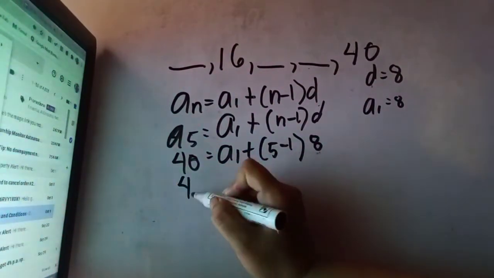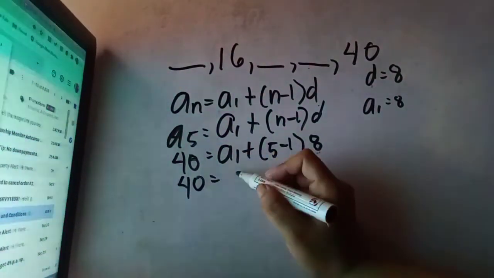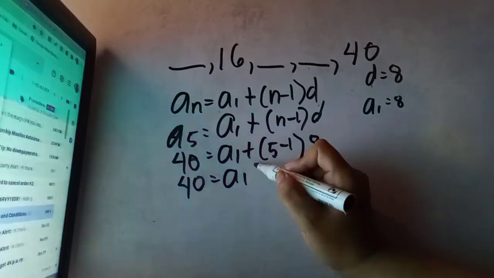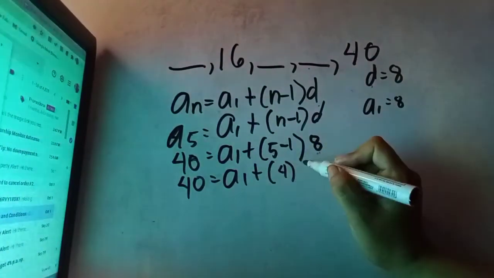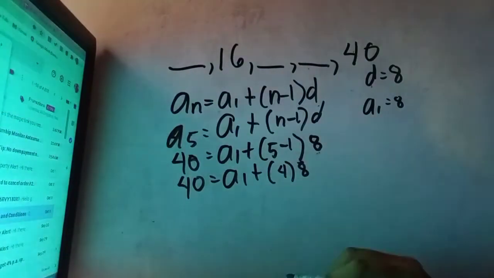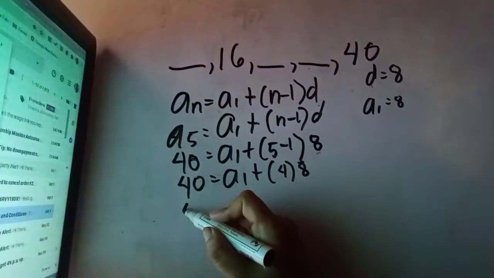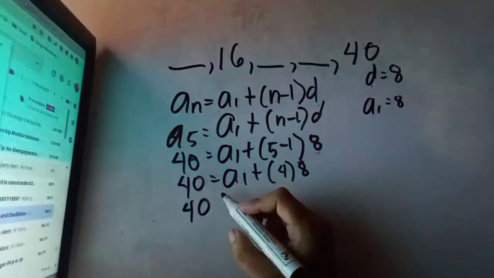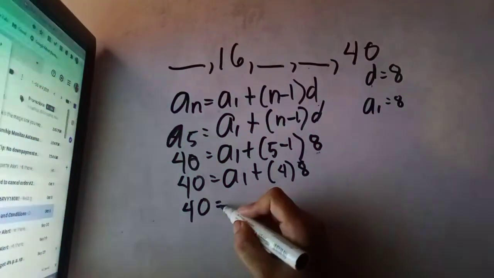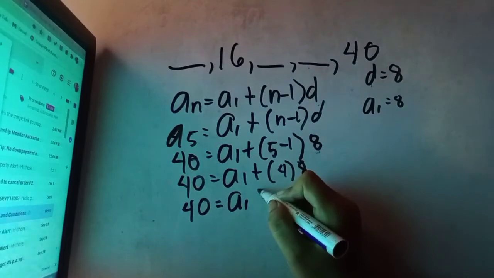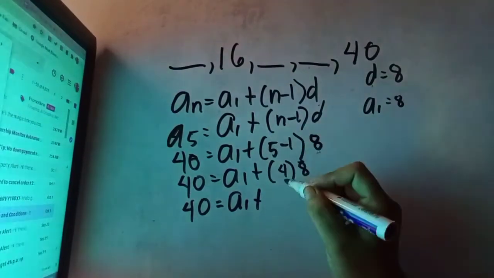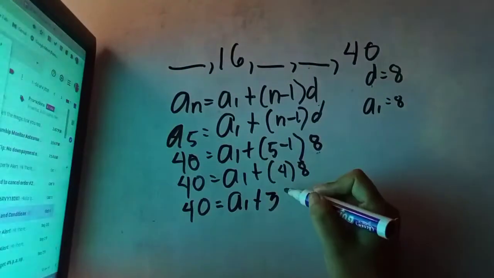So, 40 is equal to A sub 1 plus 5 minus 1 is 4 times 8. So, 40 is equal to A sub 1 plus 4 times 8 is 32.